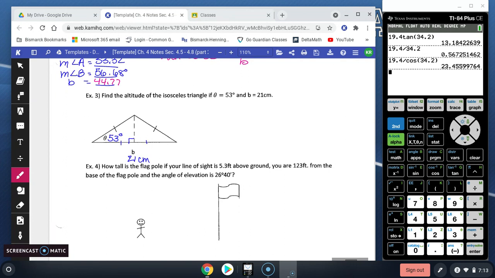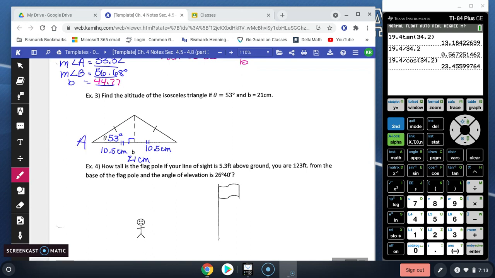So if the whole base is 21, this is going to be 10.5 centimeters, and this one will be 10.5 centimeters.